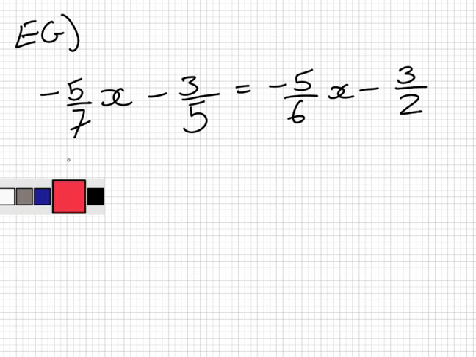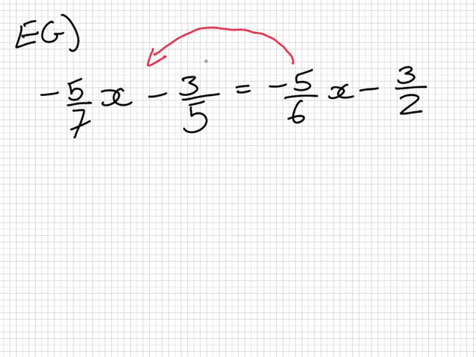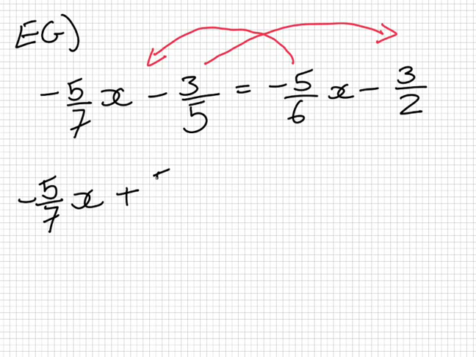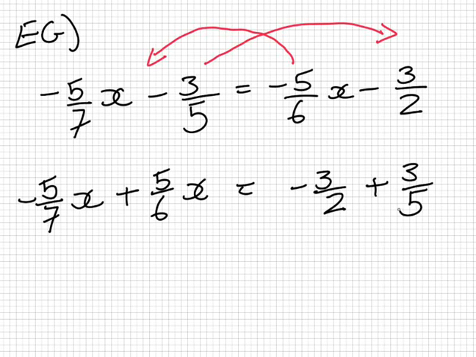So the first way I'll do it, this needs to come over to the left, and then this one here needs to come over to the right. So I get minus 5 over 7x plus 5 over 6x equals minus 3 over 2 plus 3 over 5.